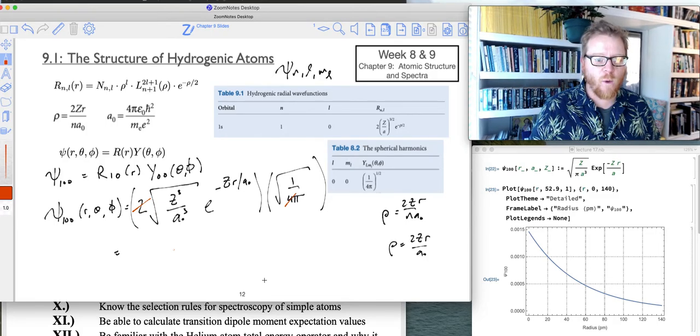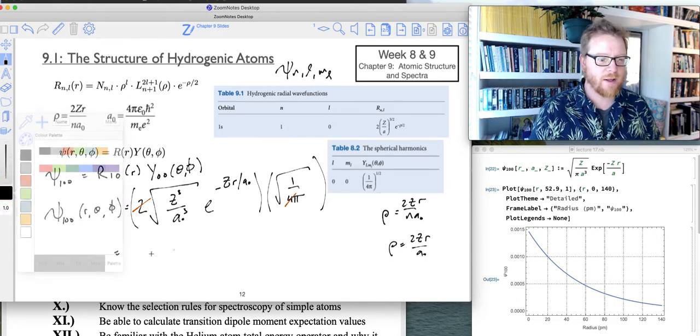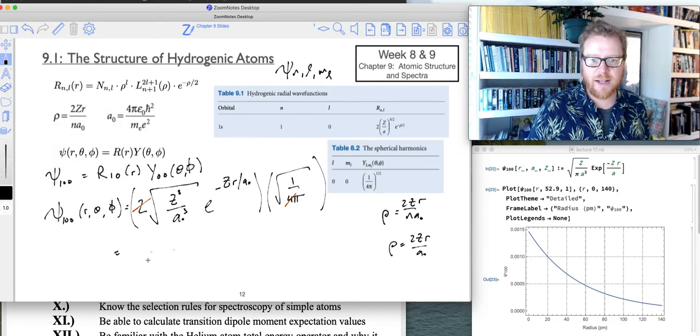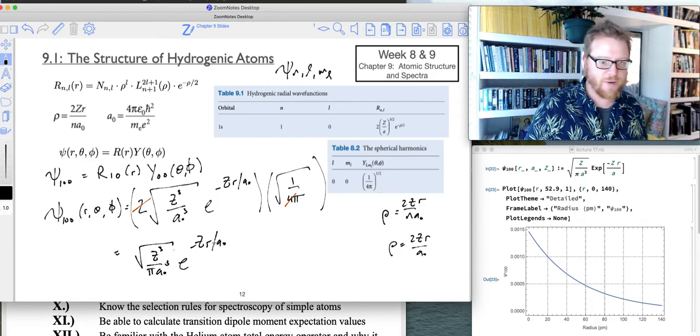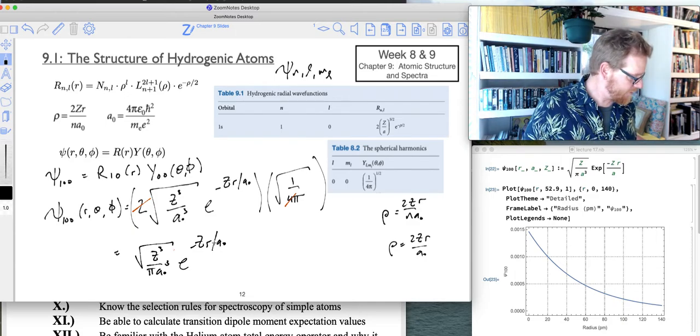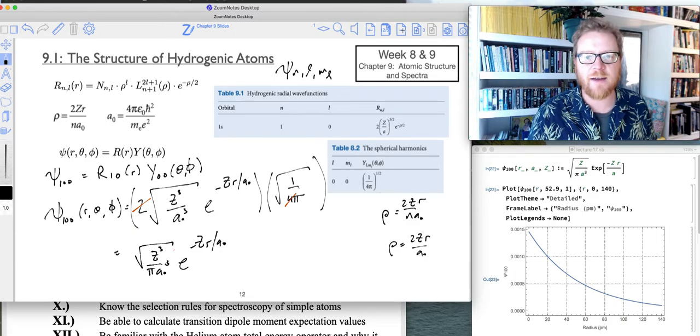And then now I can just put that pi into the square root, and I can write this function as the following. So that's going to be the square root of z cubed over pi a naught cubed, e to the negative zr divided by a naught. Fantastic.